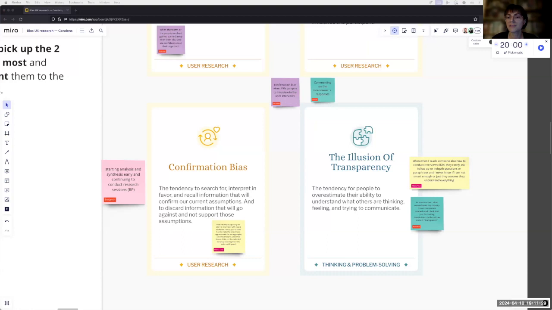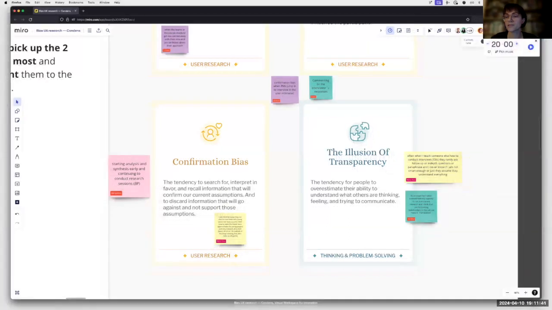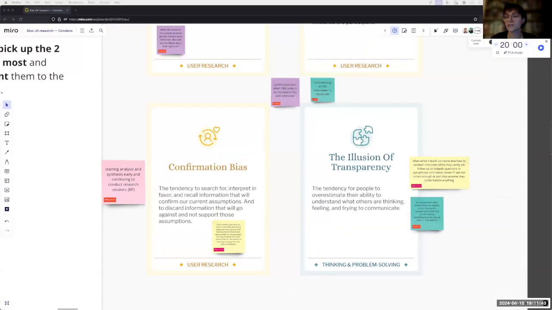And the illusion of transparency is often when someone is less experienced or very experienced in the topic, and they have the feeling of being a know-it-all. So they are not rephrasing or paraphrasing and so on. Hence, they think they understand one-to-one what the respondent is saying.